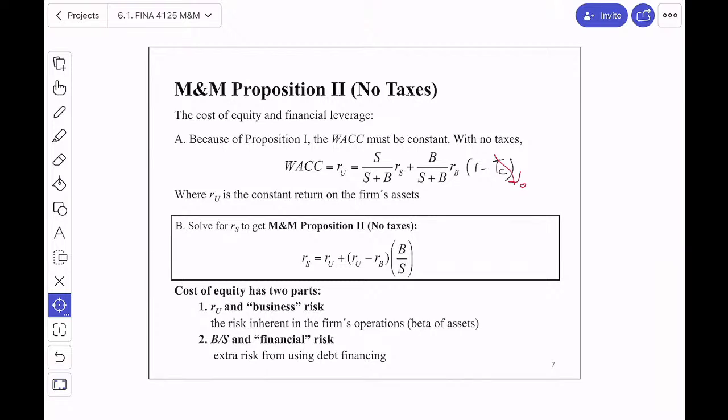And this is the return to investors in the unlevered firm, which would be the WACC, because, let me see, that's the levered firm.